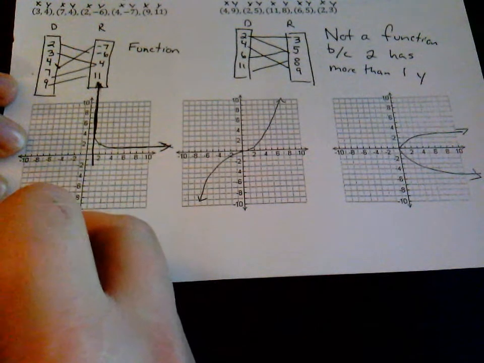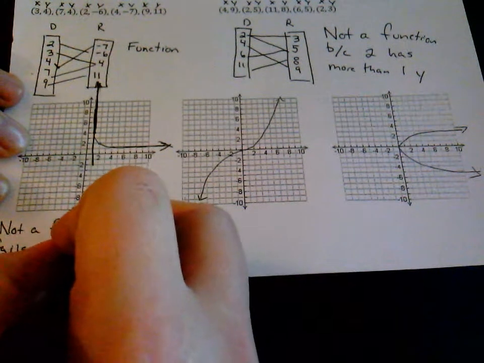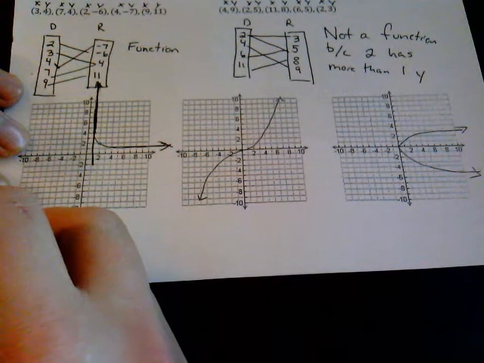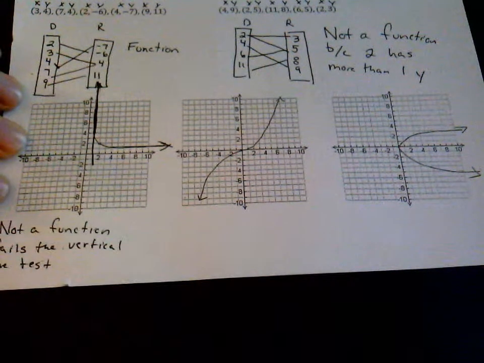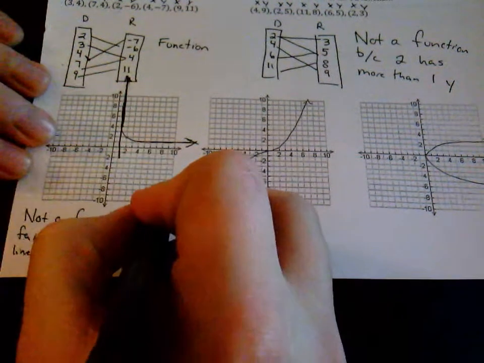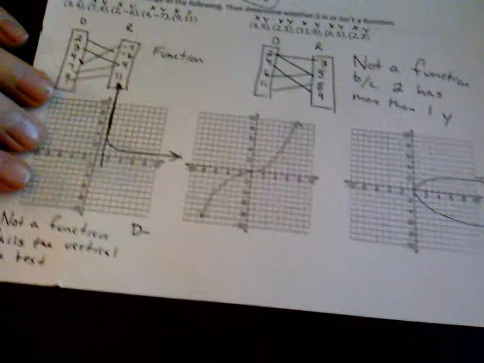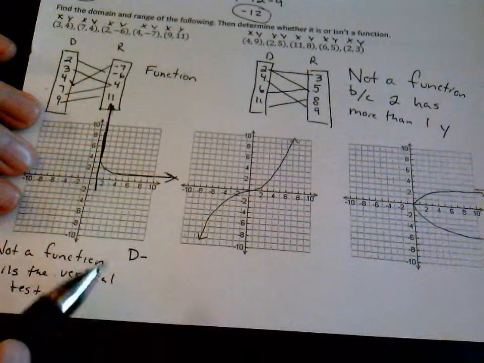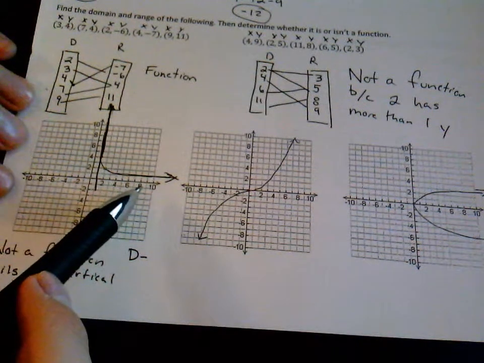It fails the vertical line test. Now for the domain and range. Okay? So, domain. What you always have to ask yourself is, is it going left and right forever?